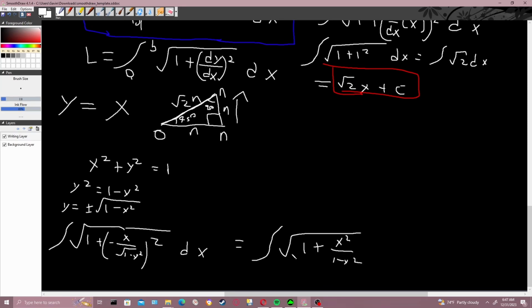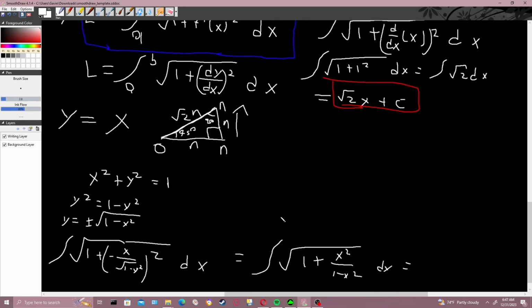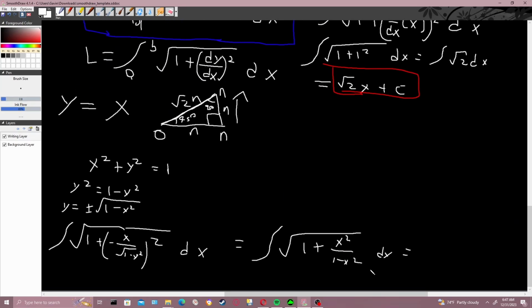And okay. This could be a very hard integral, but this 1 makes it actually a very easy integral, I believe. The 1 will turn into a 1 minus x squared on top, plus x squared over 1 minus x squared.